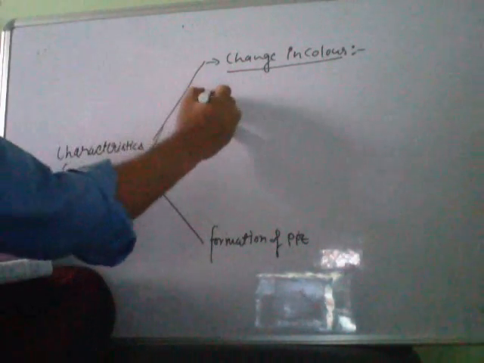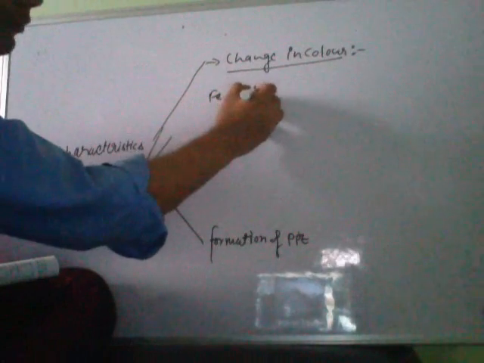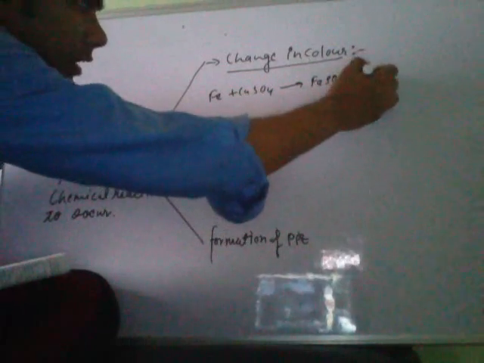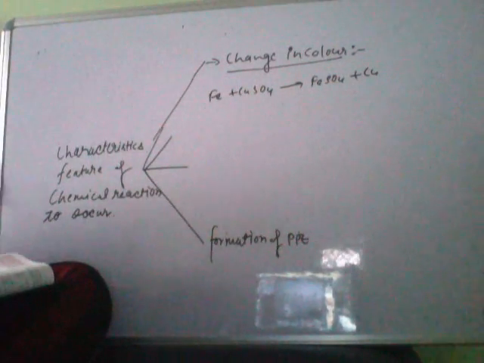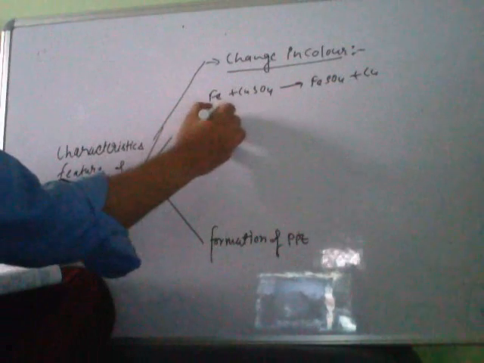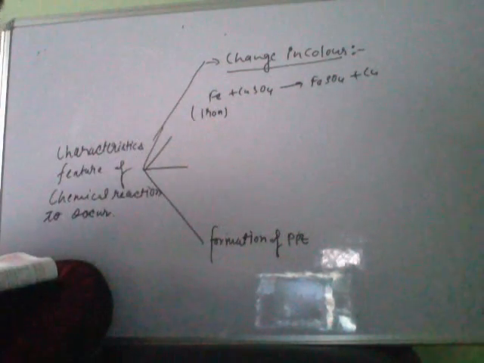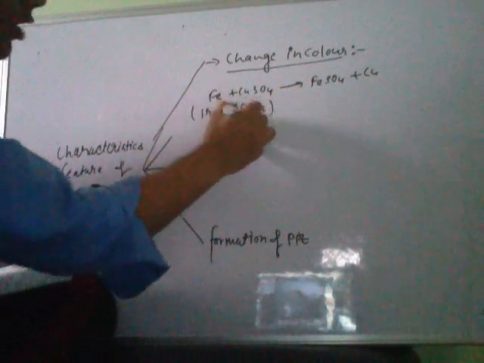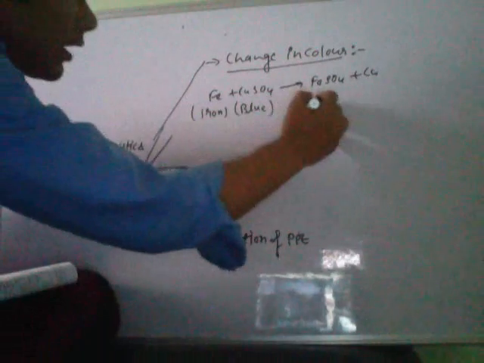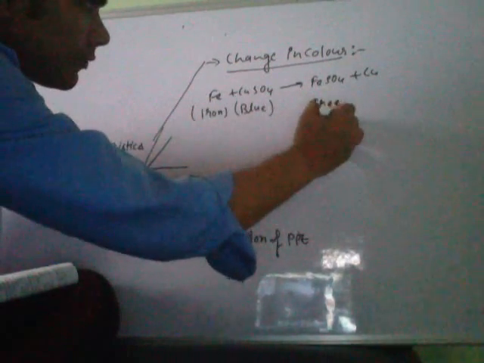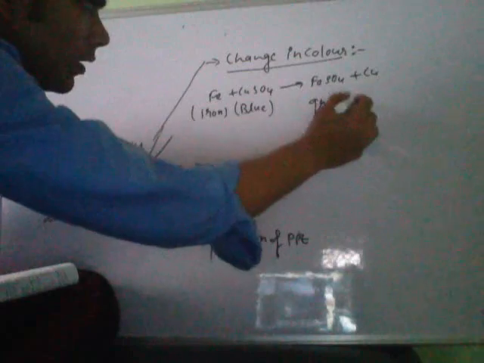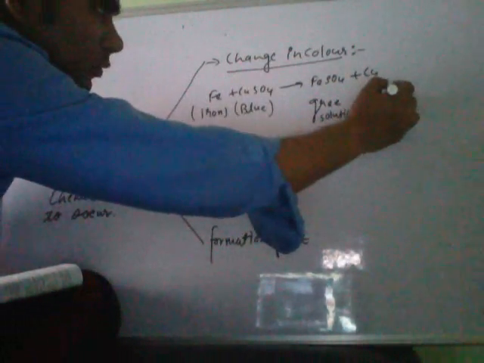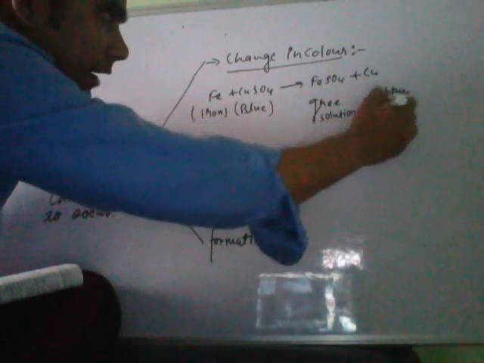Suppose we take the example of Fe plus CuSO4. It gives FeSO4 plus Cu. This is iron, and CuSO4, copper sulfate solution, has a blue color. The ferrous sulfate solution will be a green solution, and copper is a red deposit.